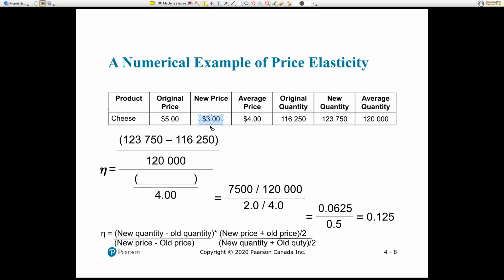Wouldn't that make the rest of the equation negative? Yes, that's the thing. The demand elasticity is negative. So my guess is they made a mistake when they made this, and this should be $4 because we keep the units.